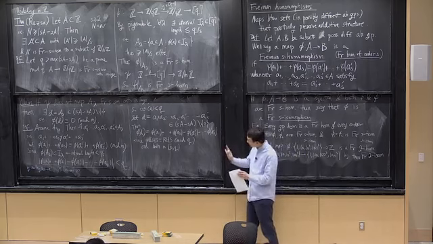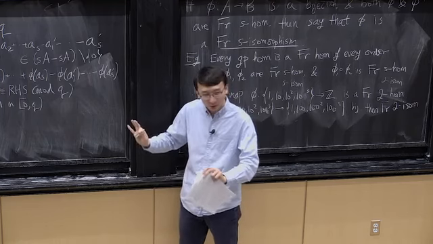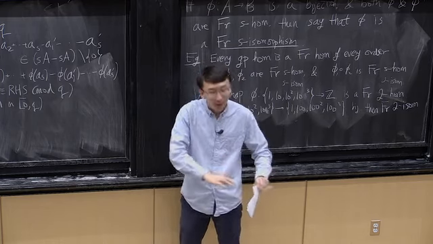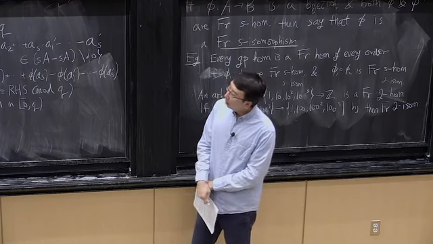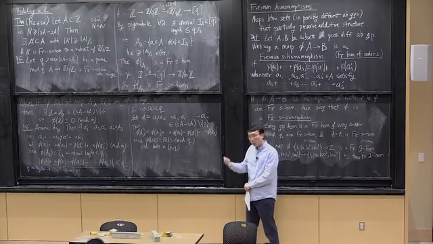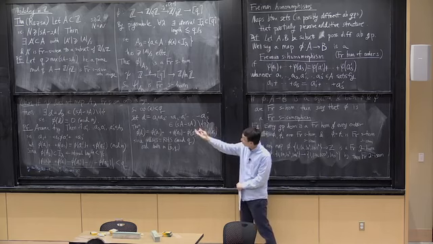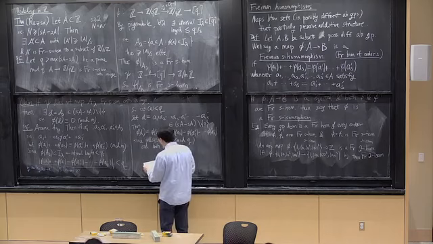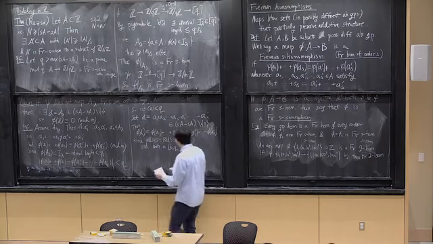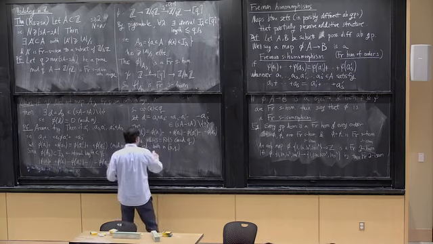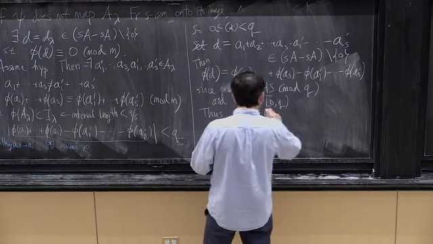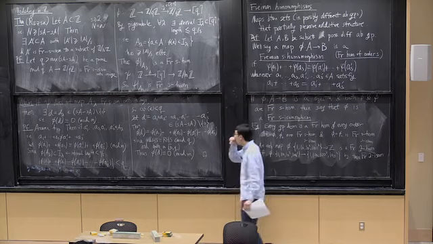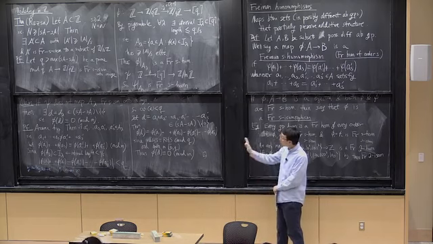It's a slightly subtle argument, but the ideas are all very simple. You just have to keep track of the relationships between what's happening in the domain and what's happening in the image. I think the finite field case is quite illustrative of what goes wrong here, except here you have to keep track of a bit more things. Thus phi of d is congruent to 0 mod m, which is what we're looking for. So that proves the claim.